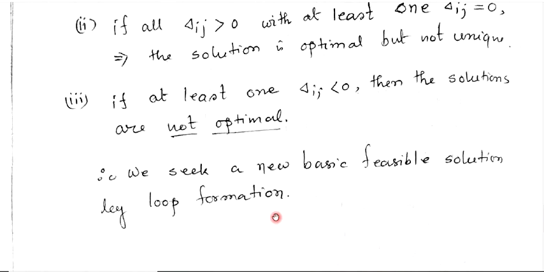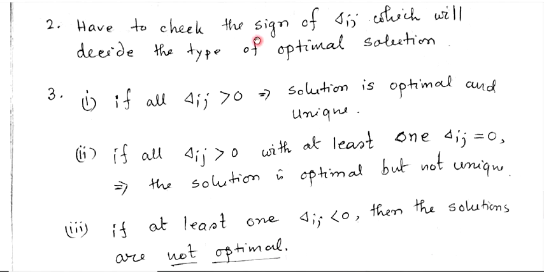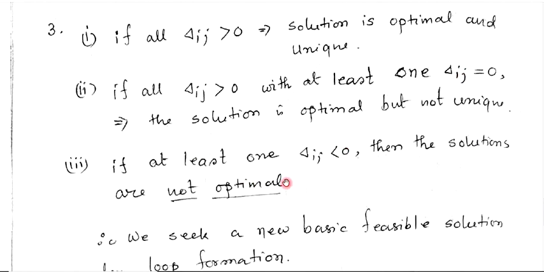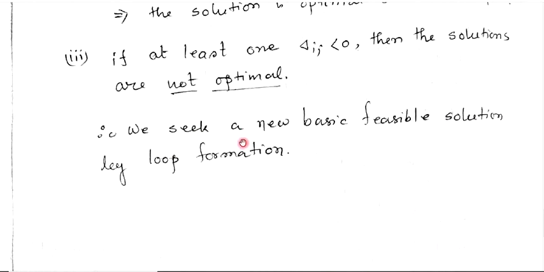And in that new basic feasible solution these three conditions apply again. If the first is satisfied, we get that type of optimality. If the second is satisfied, we get that type of optimality, and if the third applies and it is not optimal, then again we have to use the loop formation method. Thank you.